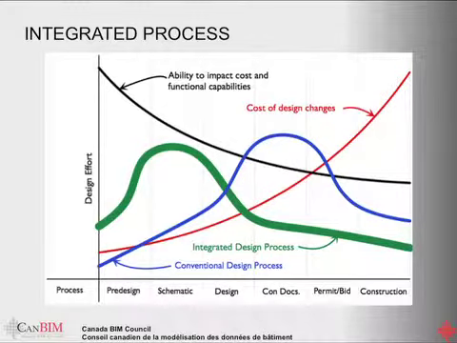I come from the green building sector, so this is my focus as an energy modeler. I'm targeting energy and trying to see how I can conserve it. That's my prime role. And this graph, again a textbook graph, is the integrated design process. The top line is the ability to impact cost, and the red one is the cost of design change.